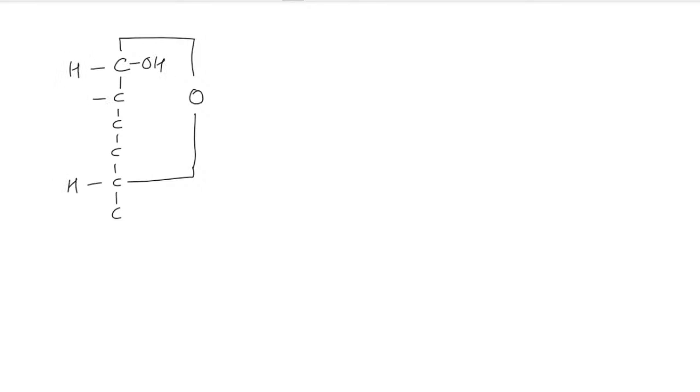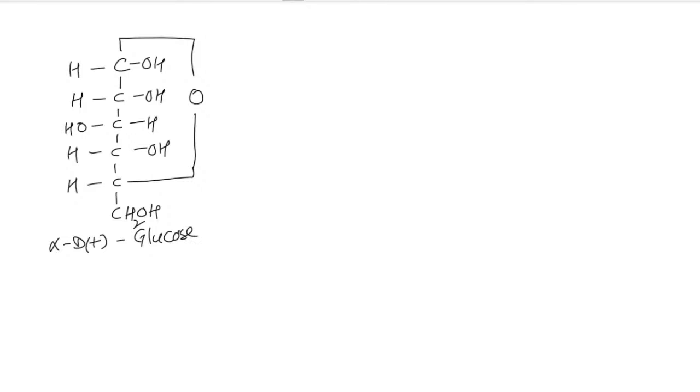Now say, as we have done it, 1 2 3 4 5, okay, 6. First H OH, second H OH, third OH H, H OH, CH2OH. So this is alpha D plus glucose, right?